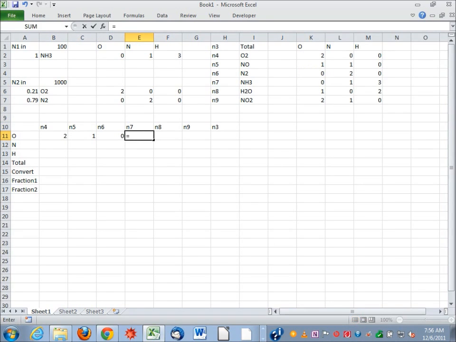For the oxygen, nitrogen, and hydrogen balances, what I'm doing is using a cell reference to pull how much oxygen, nitrogen, and hydrogen goes with each of N4, N5, N6, N7, N8, and N9 using the table up above. I'm doing the same thing for the oxygen output. I'm just simply adding up all of the oxygen that goes into the system.